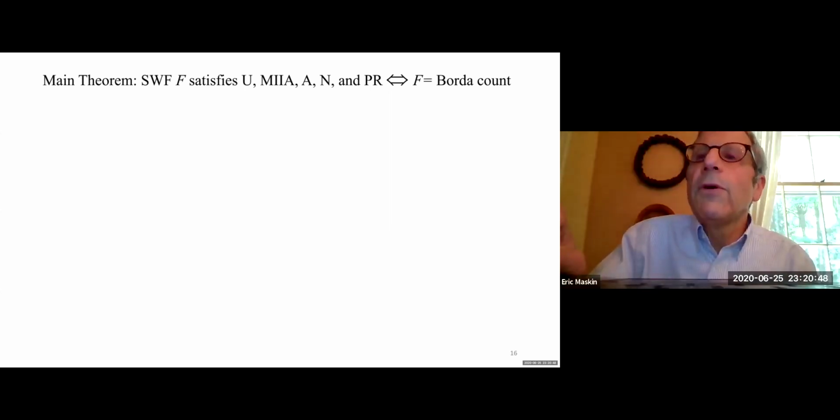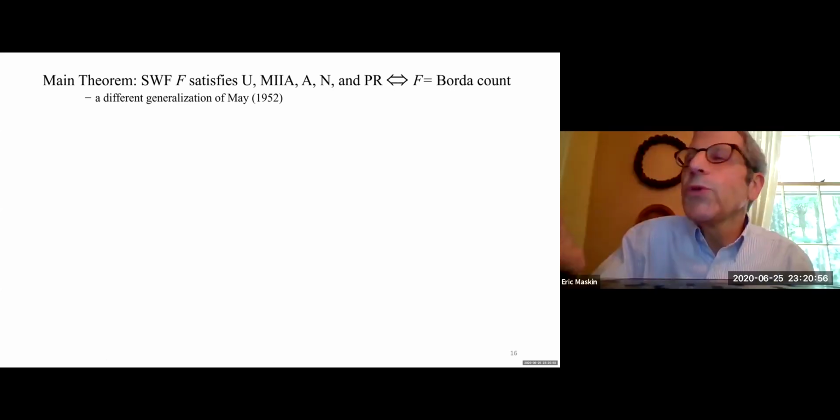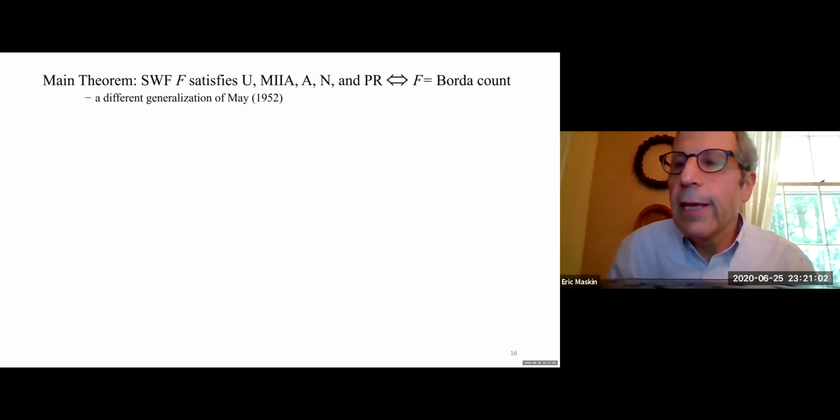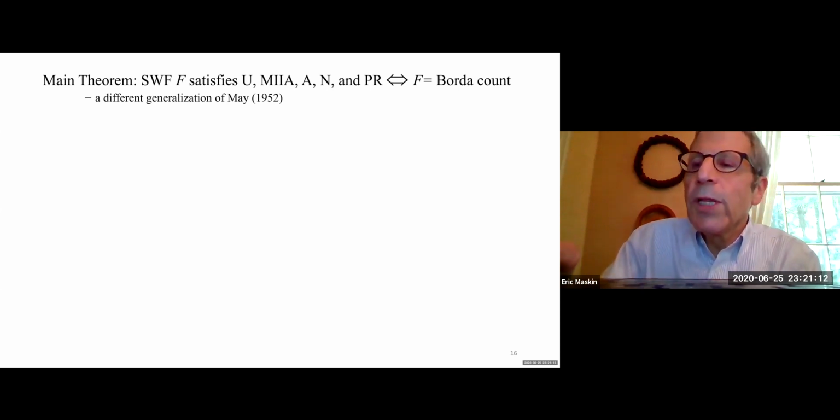In the rest of this lecture, I'm going to spend some time trying to show you why this theorem is true. The argument is not quite as simple as the proof of the main theorem in the first paper, but it's simple enough so that I think you can get the main idea.